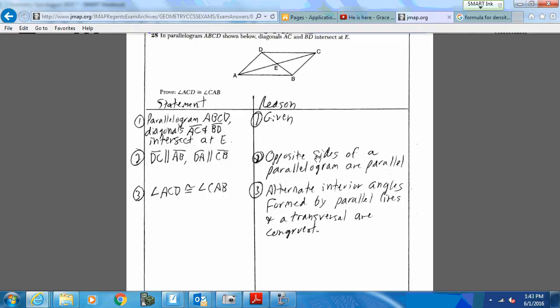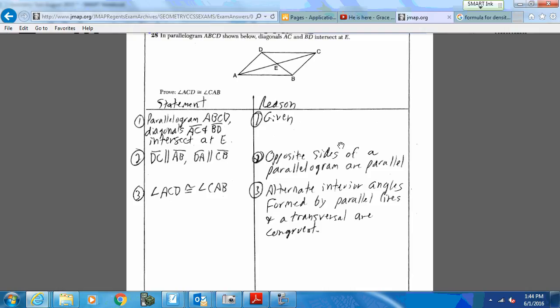How do you know that? Opposite sides of a parallelogram are parallel. And we just talked about that. And then we proved that angle ACD is congruent to CAB because alternate interior angles formed by parallel lines are congruent.